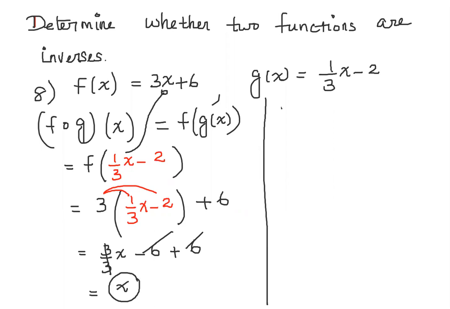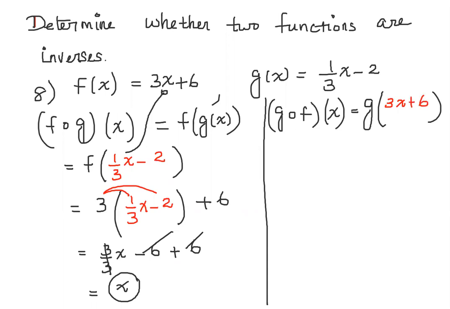Next, I have to do the g composition f of x, which is we are going to plug the whole f into g. What is f? f is 3x + 6. So we're going to substitute this whole 3x + 6 for this x. So we write the 1/3, we don't write the x. For the x, we are going to plug in 3x + 6.